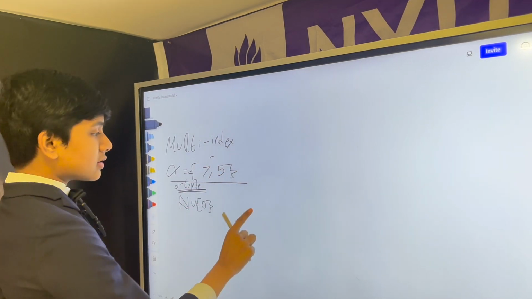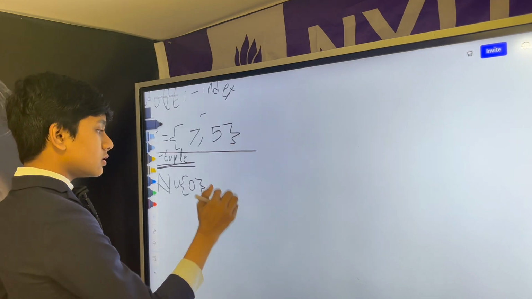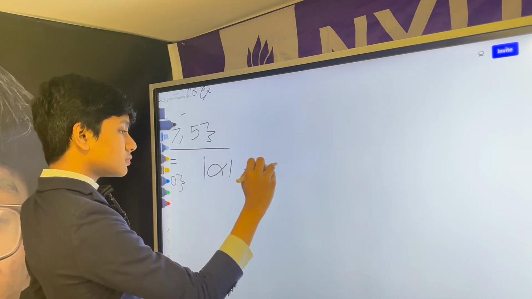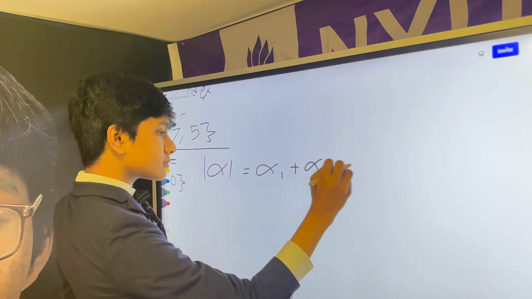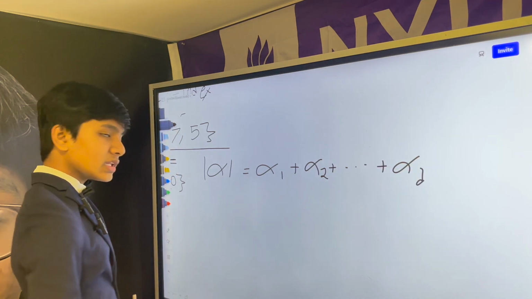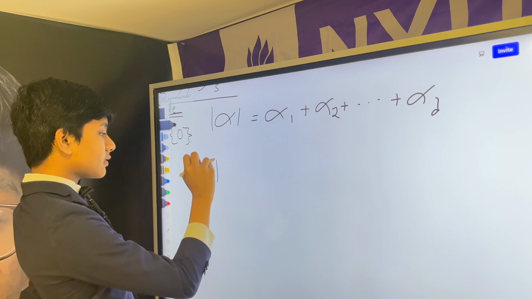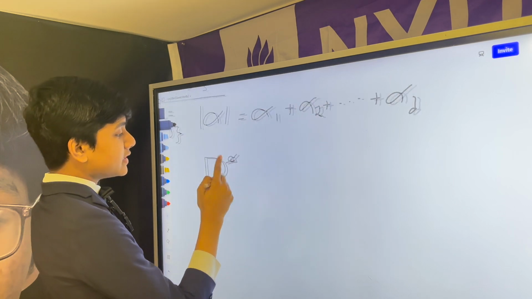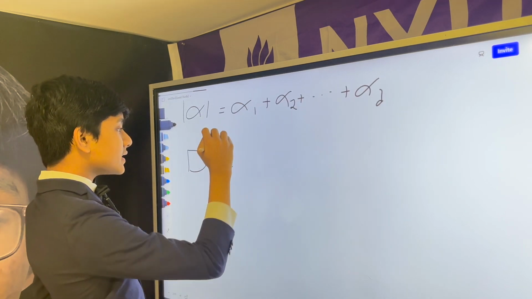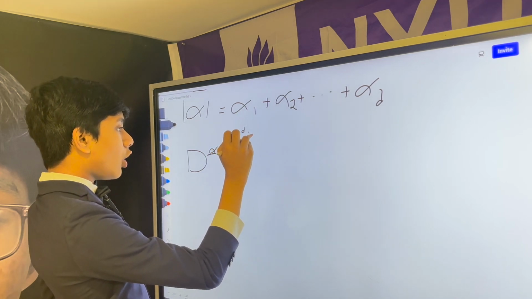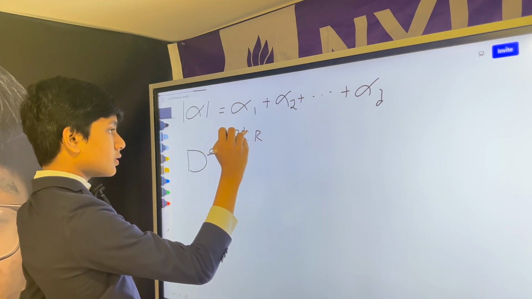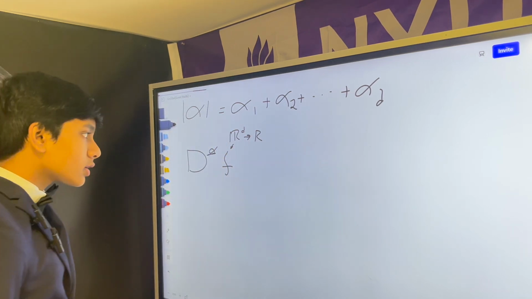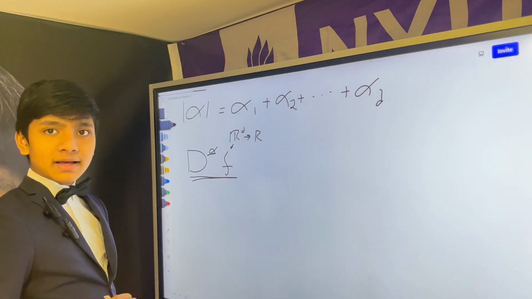Now we define several concepts related to these. First, length, which is just equal to the sum of their components. Second, taking a derivative in alpha. So alpha is technically of d dimensions. If this function is from R^d to R, then this has a very special meaning.